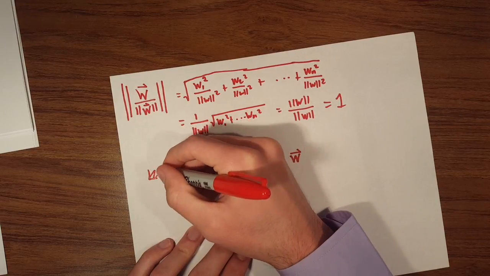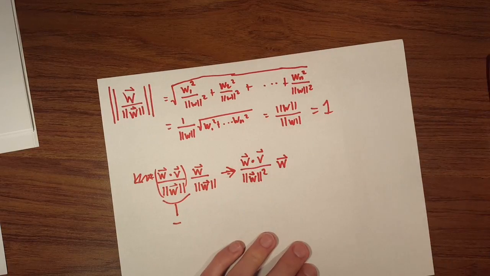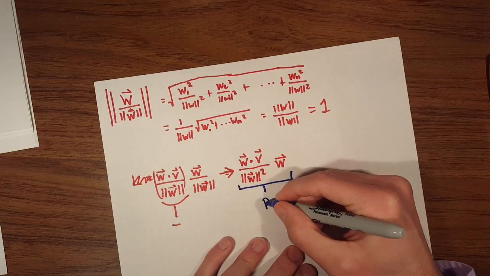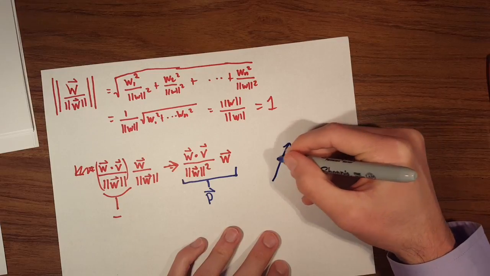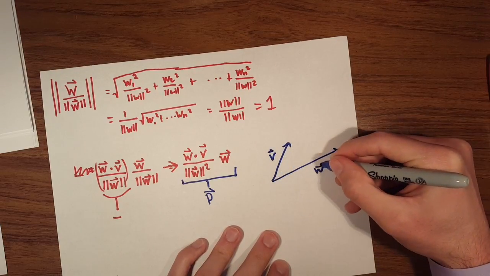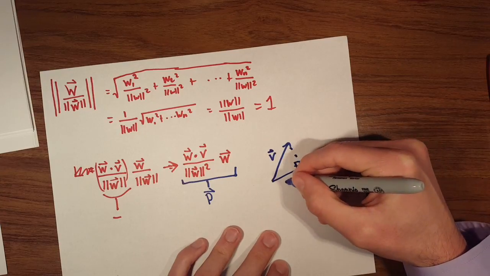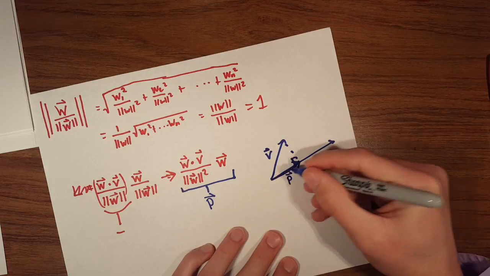L is given by, I said, this is L. This is now a vector, which I'll call P for projection. And in the picture that we drew, if this was V and this is W, then this vector here is P.